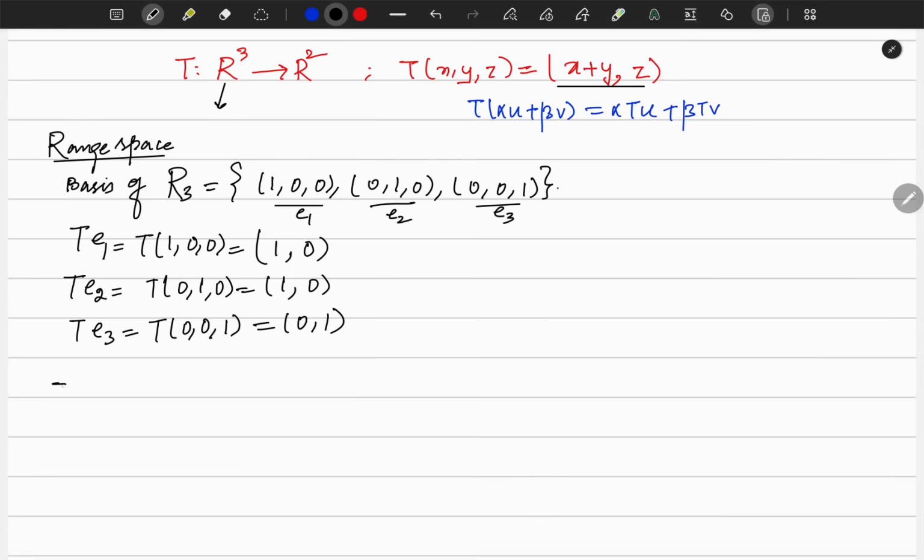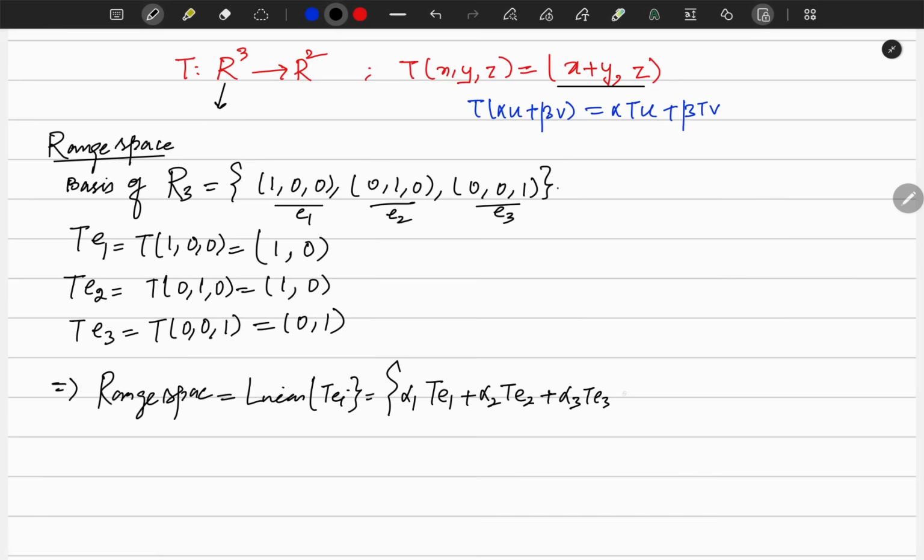So it means that the range space is equal to the linear span of these vectors, that is, the T of Ei's. That means it is alpha 1 T of E1, alpha 2 T of E2, alpha 3 T of E3. So alpha 1 times 1 comma 0, alpha 2 times T of E2, that's 1 comma 0, plus alpha 3 times T of E3, that is 0 comma 1.